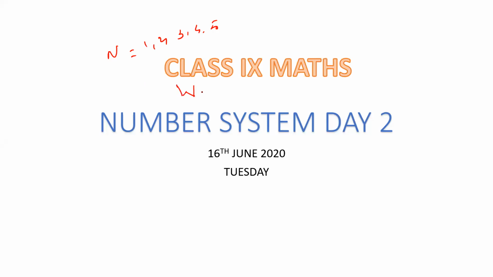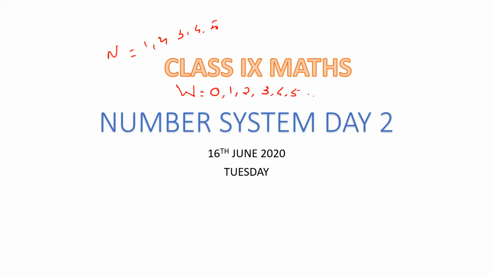Next is whole number. Whole number is what? 0, 1, 2, 3, 4, 5, etc. This is called whole number. In the set of natural number, if you are adding 0, then you are getting whole number.